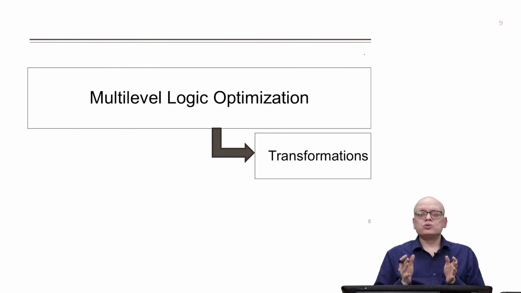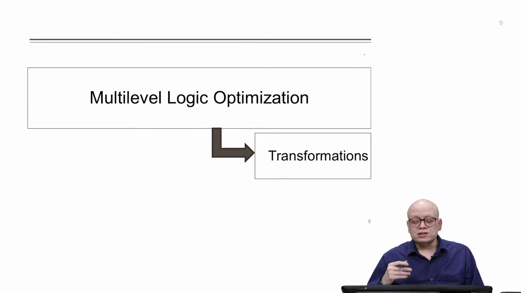Now, having looked into the Boolean logic network representation, let us look into how the optimization is done.